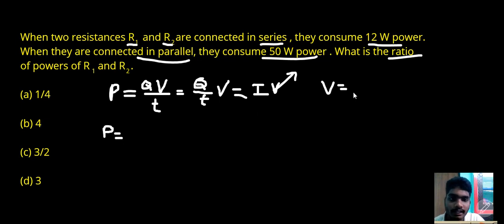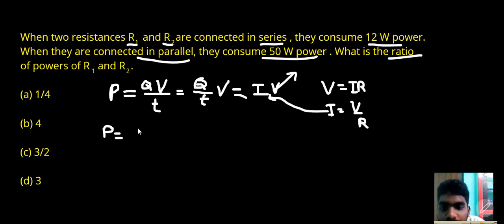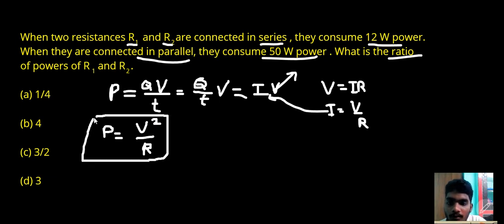We know V is equal to IR, Ohm's law, so I is equal to V by R. Substituting here, V by R times V gives V square by R, which is the power formula.